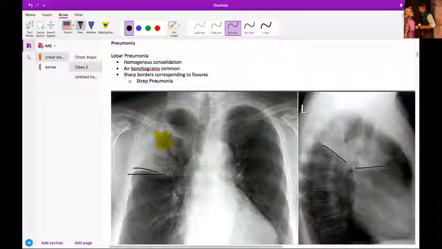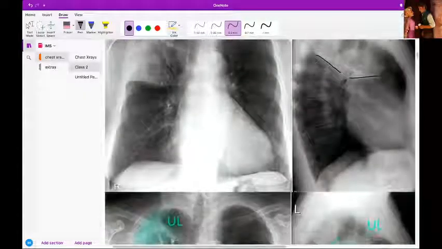So basically, the main feature of lobar pneumonia is that it is very homogeneous, well defined, and has air bronchograms. If you see air bronchograms, they mostly indicate an intrapulmonary pathology, so mostly pneumonia.